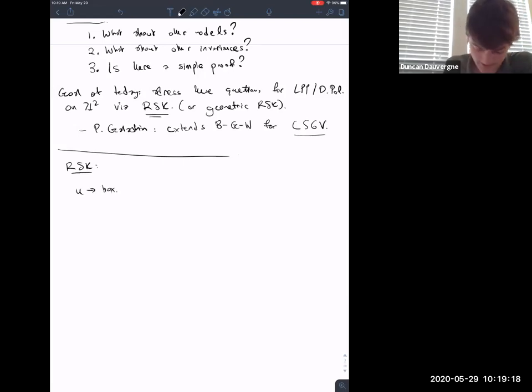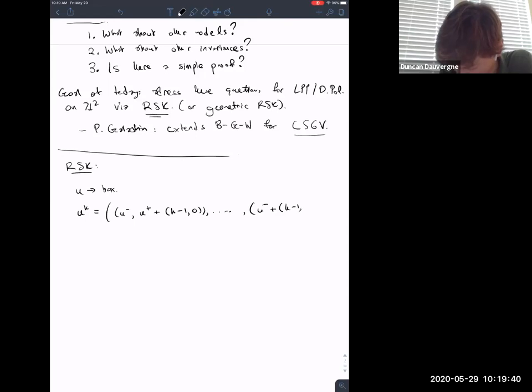Again, U is going to be a box in Z^2. I'm going to define a particular vector U^K, which is U minus (U plus K minus 1, 0). So this is going to be a particular K-tuple, which is a bit clearer when I draw it.